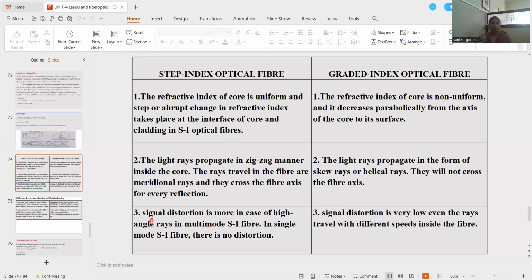Third one: signal distortion is more in the case of high angle rays in multimode step index fiber. In single mode step index fiber, there is no distortion; signal distortion is very low, even though the rays travel with different speeds inside the fiber.